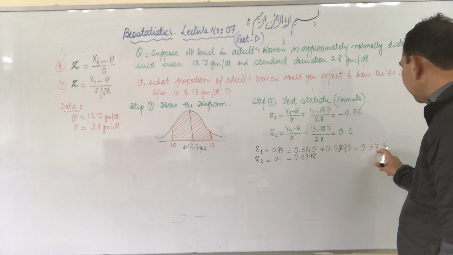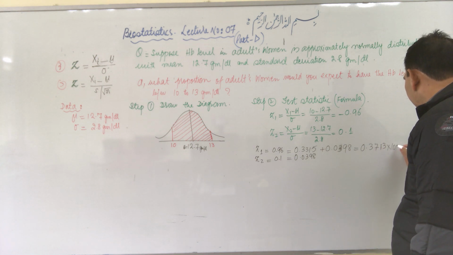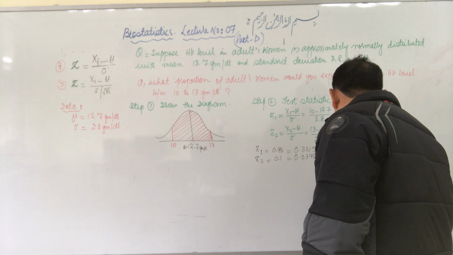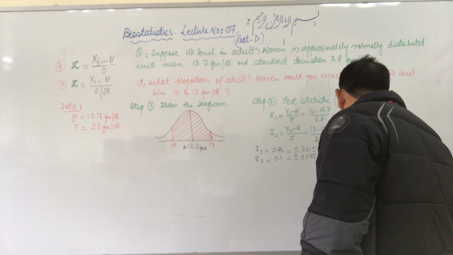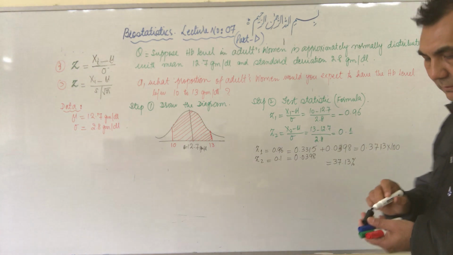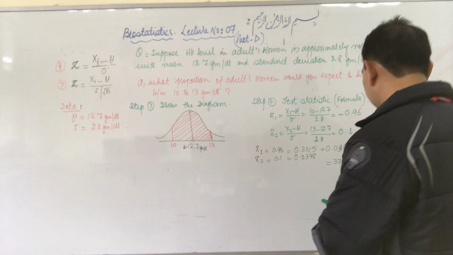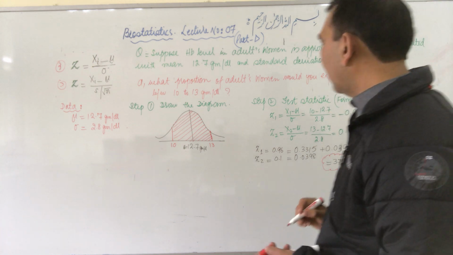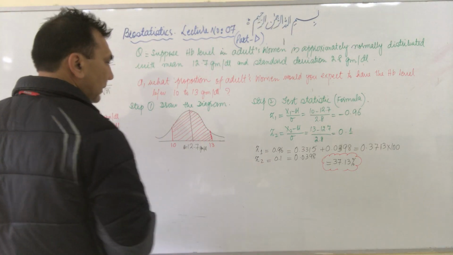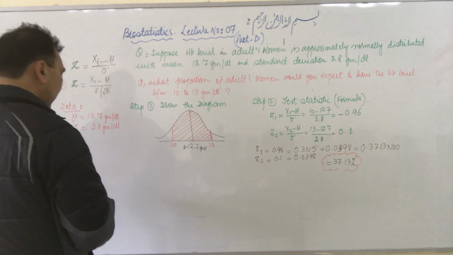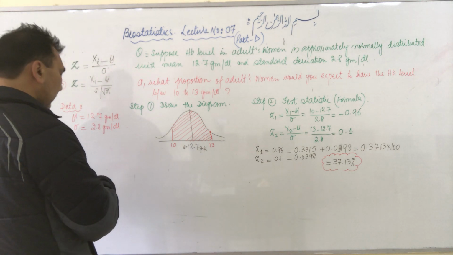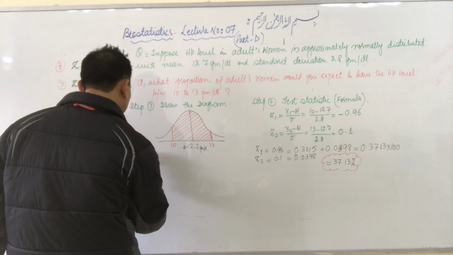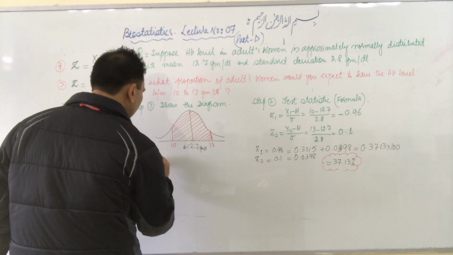Now we multiply 0.3713 by 100, and it comes up with 37.13%. Now this is the result. In step number 3, we write down the result statement. Step number 3 is the interpretation.